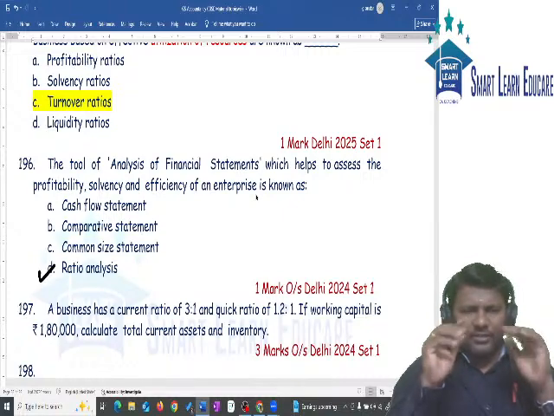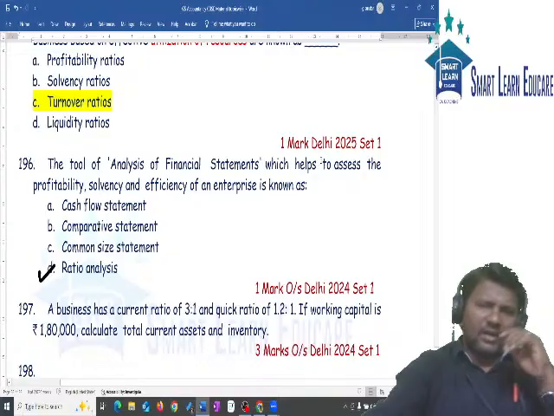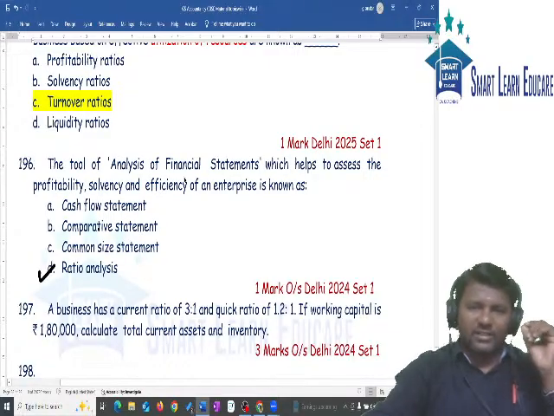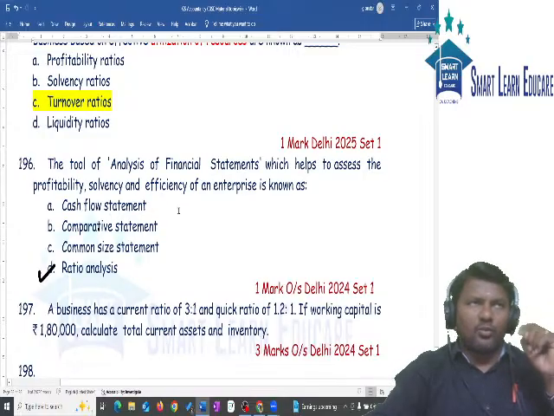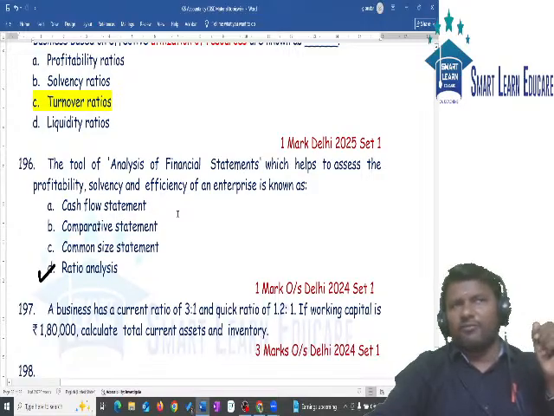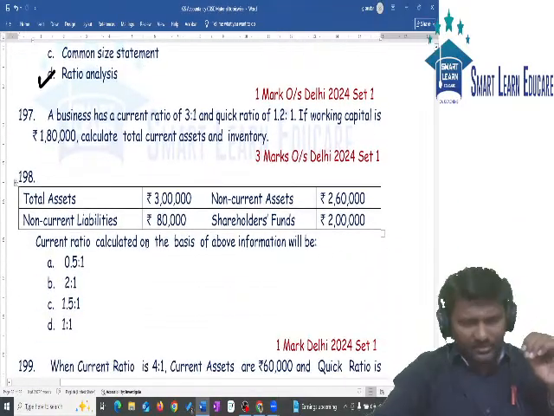Common size statement will tell you everything in terms of rupees 100. When you buy some company share, you will make some analysis. What is the net profit ratio? What is the gross profit ratio? How efficiently is the company performing? Like that, we will make analysis through ratio analysis.